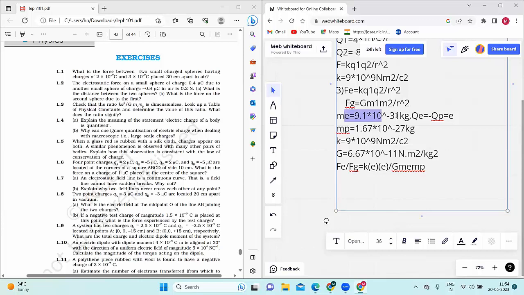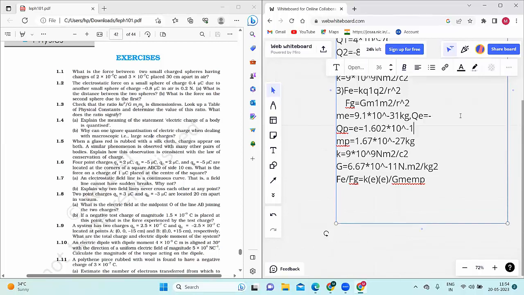By using the following values, the charge of an electron is 1.602 into 10 power minus 19 coulomb.